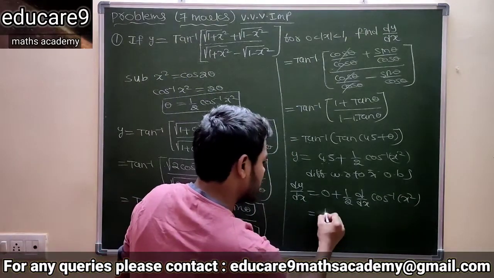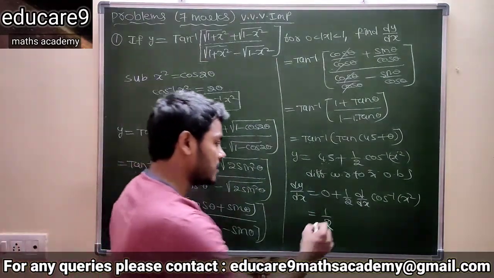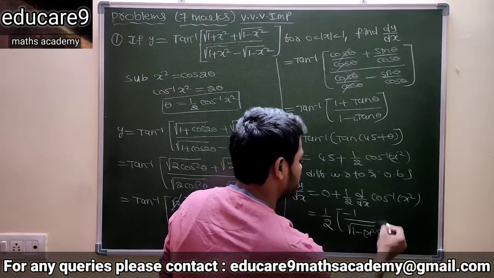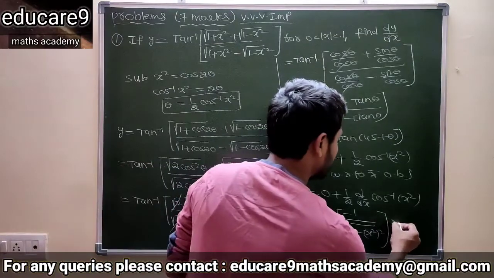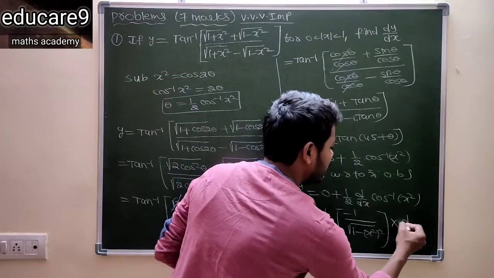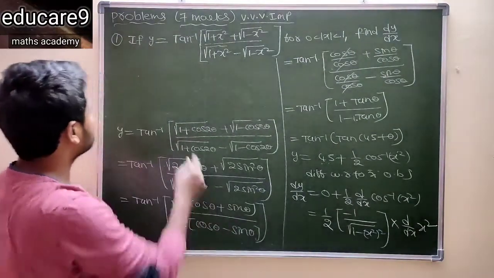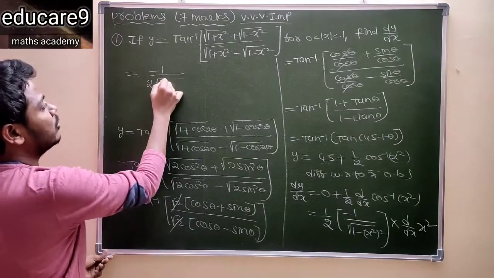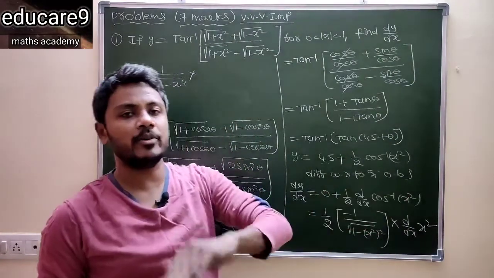This is 1 by 2 into the derivative of cos inverse, that is minus 1 by square root of 1 minus (x square) whole square, into the internal derivative of x square, that is 2x. So this is minus 1 by 2 into square root of 1 minus x power 4, into 2x, since the derivative of x power n is n x power n minus 1.